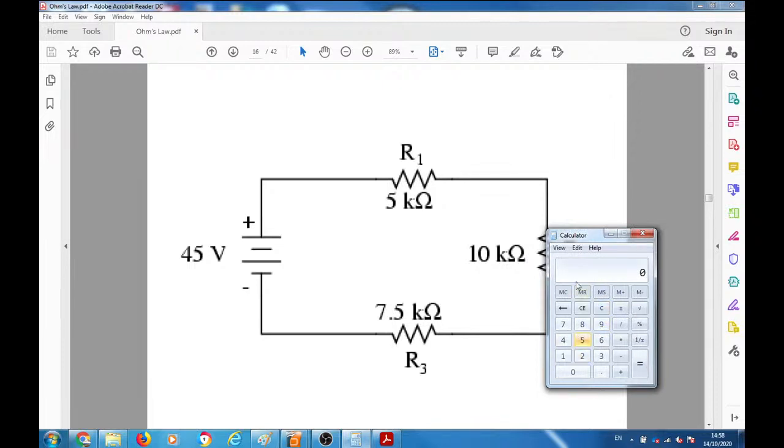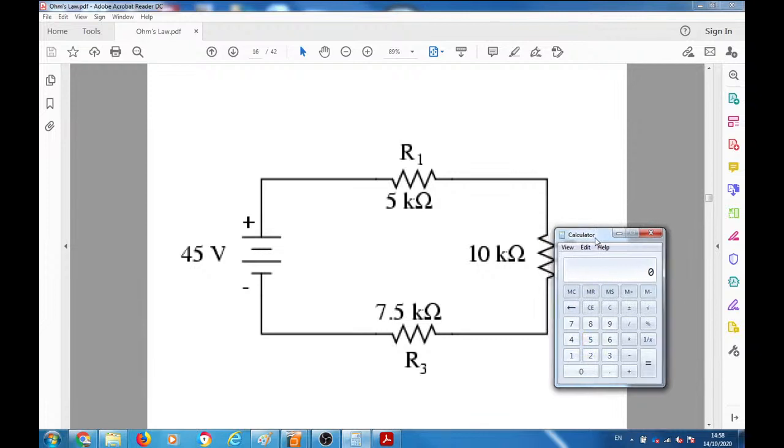As long as all of these resistors are in the kilo ohm spectrum, we can just use those numbers because we know it's in kilo ohms, and then whatever the result is going to be in kilo ohms as well. So we've got 5 plus 10 plus 7.5. You don't need a calculator for this really, but anyway. So that's 22.5, and it will be 22.5 K.